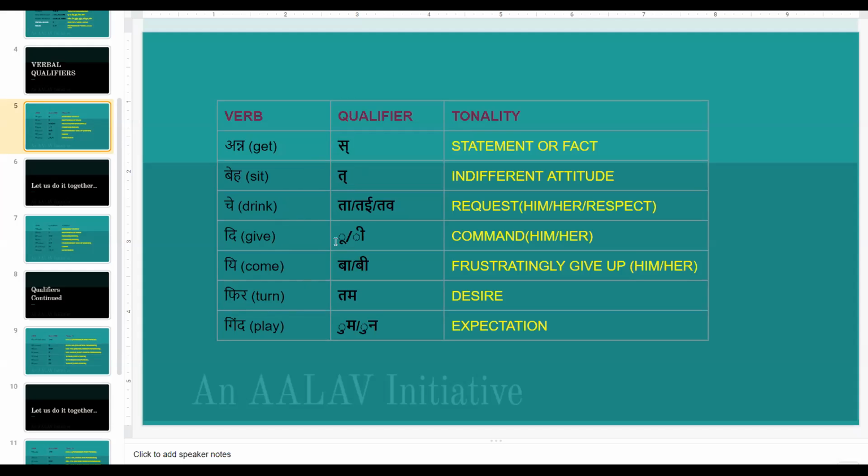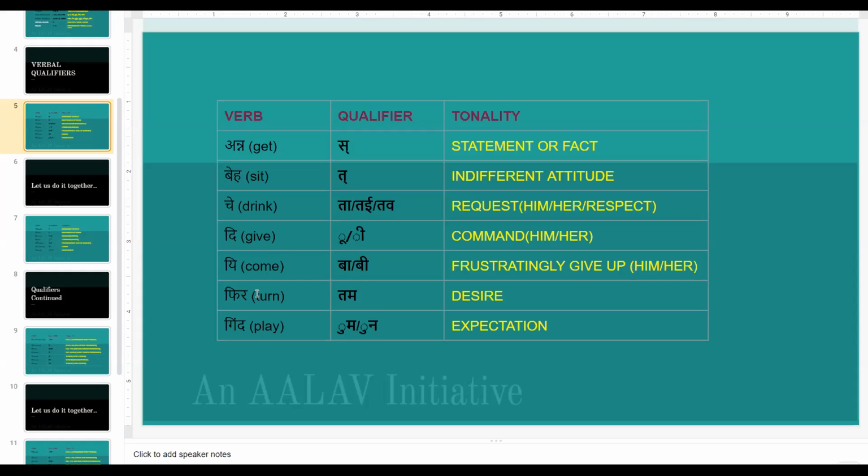Somebody says, shall I pour it in? Firt. It is your wish. You don't care. Third one is firta. Come here and pour this into the tumbler. Firta. Firtai, you're asking a girl. Firtau, respectful.